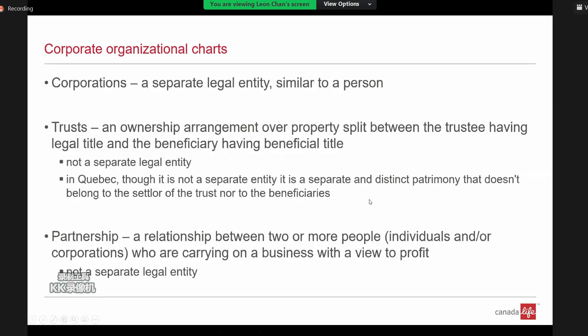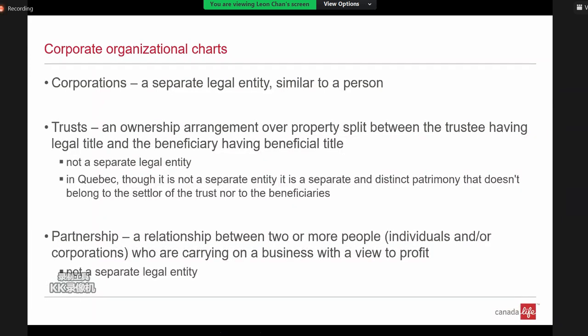Now, going very quickly and talking a little bit about each: corporations are a separate legal entity, similar to a person. There are a lot of discussions we could have as to why people create a corporation to run a business, but that's outside the scope of our conversation today.